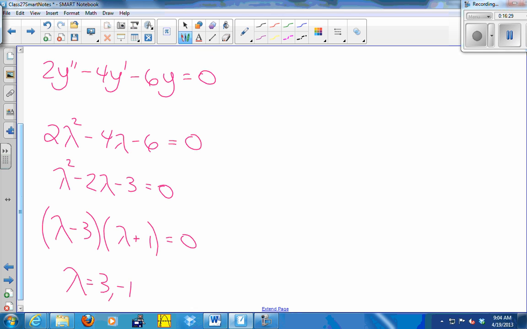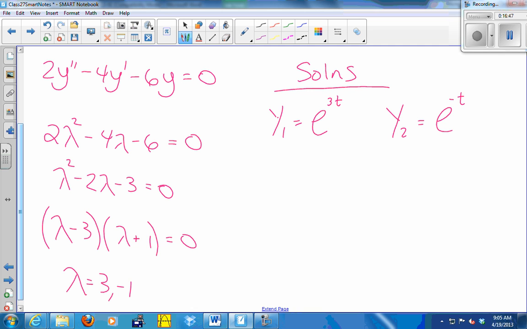So I've got 2 lambdas. And I know that solutions have the form e to the lambda t, so I have e to the 3t, and I have another solution, e to the negative t. Not for this technique that we learned in 3.6, because now that I have 2 particular solutions, I can find the general solution by taking a linear combination.